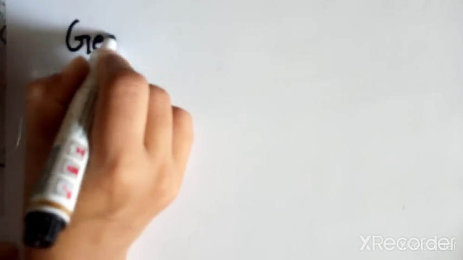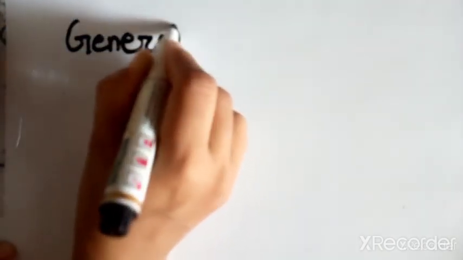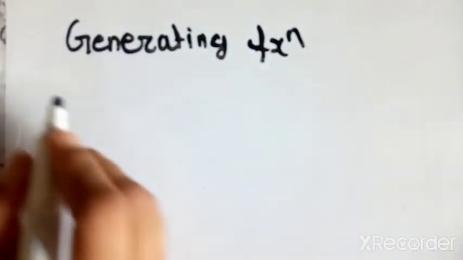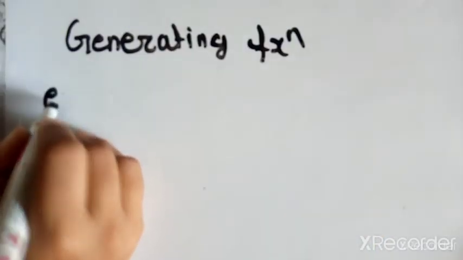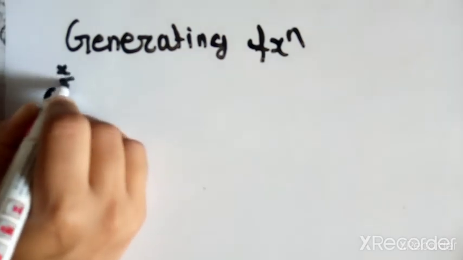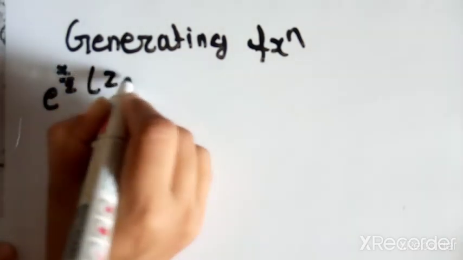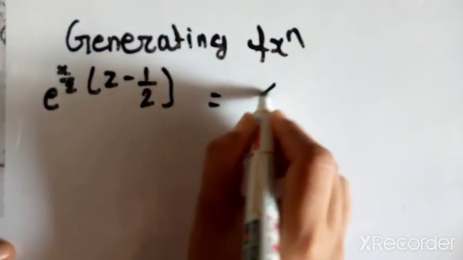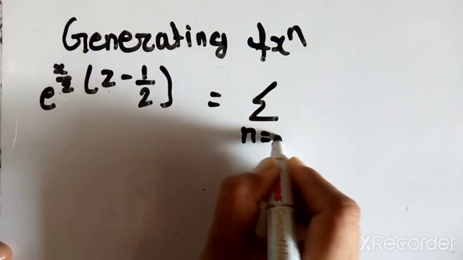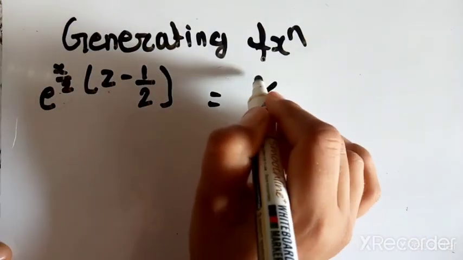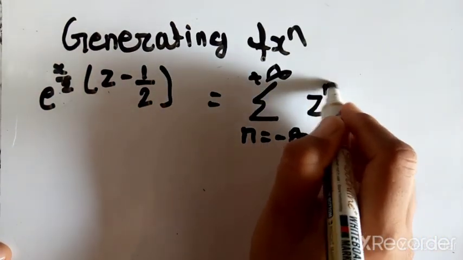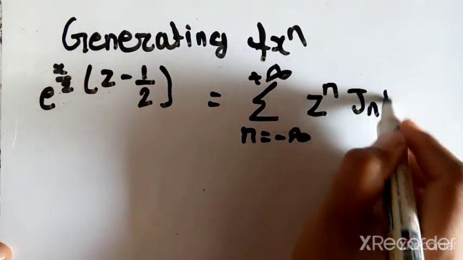The generating function of Bessel equation is e power (x by 2)(z minus 1 by z) equal to summation n equal to minus infinity to plus infinity of z power n into J n of x.